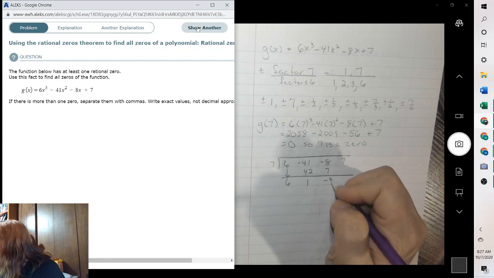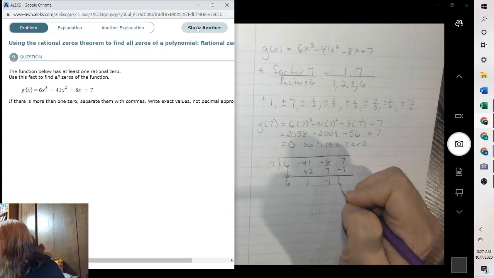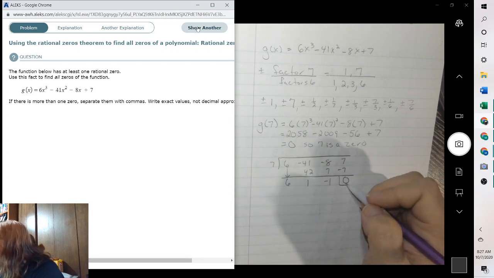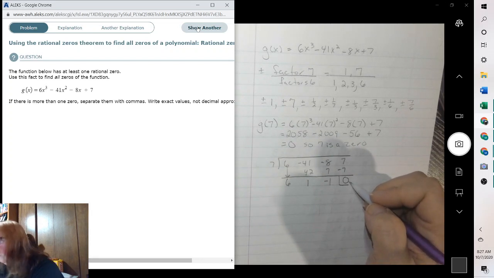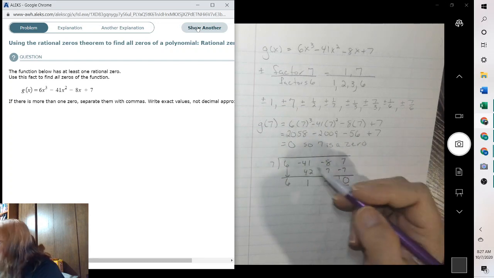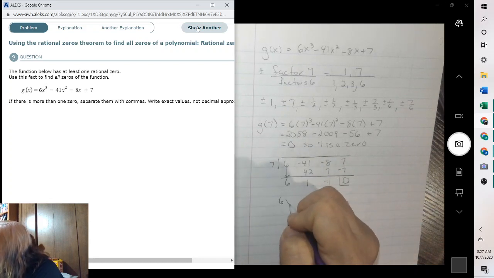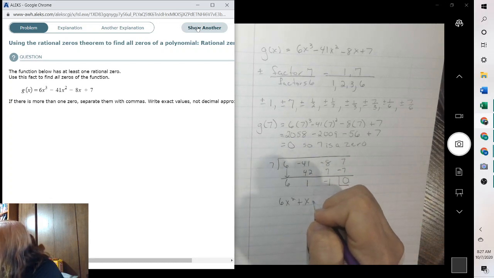Adding down, we get a negative 1. 7 times a negative 1 is a negative 7. Adding down, we get 0. You need to get the remainder of 0, because that's what this said. This was cubed, goes down by 1 degree: 6x squared plus x minus 1.